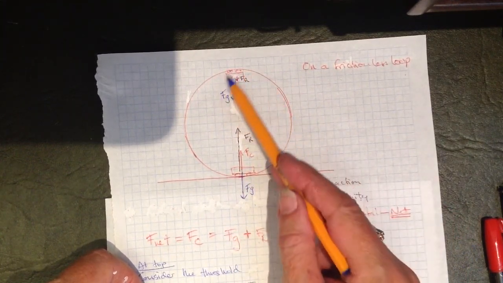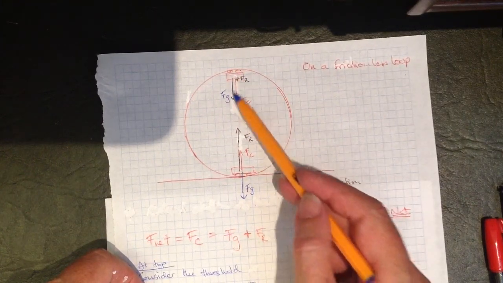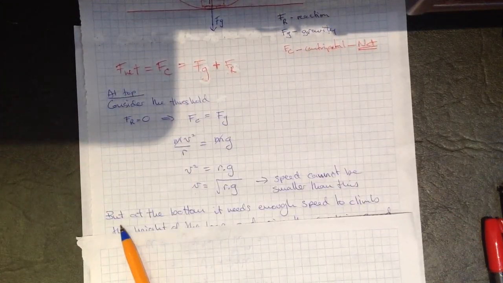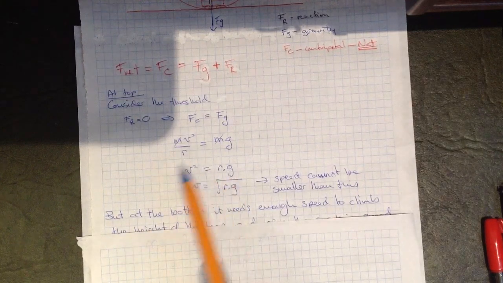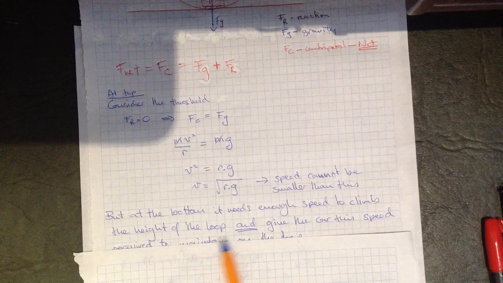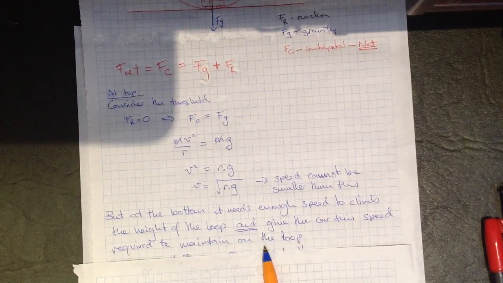So its total energy is going to be a combination of its kinetic energy, because it's moving, and its gravitational potential energy. The speed provided at the bottom needs to be enough to climb the height of the loop and give the car the speed it's required to maintain the loop.